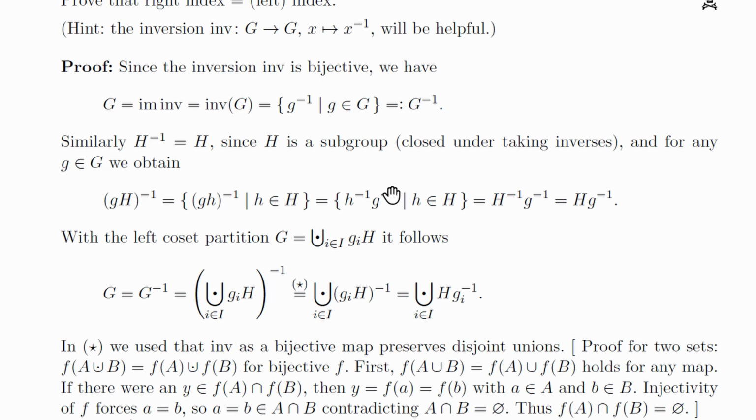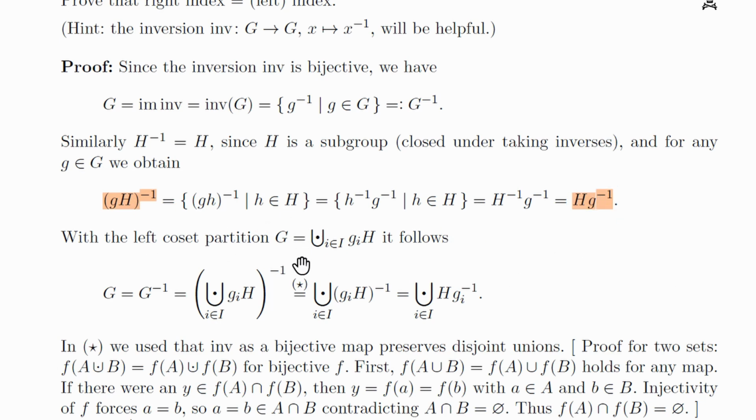And this here by definition is the right coset of g inverse with respect to H inverse, because I take all these inverses and multiply from the left. But since H inverse is H, this is the right coset of g inverse with respect to H. And this here will be the key for the rest of the proof.